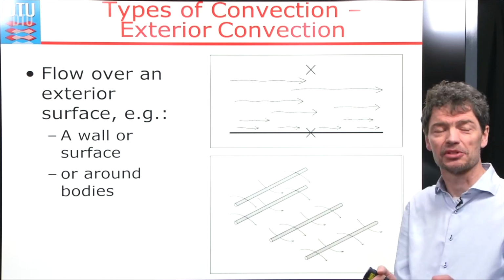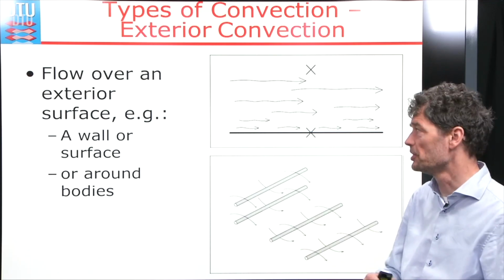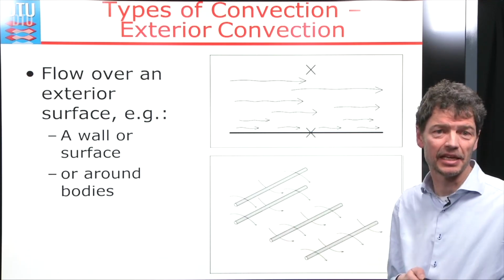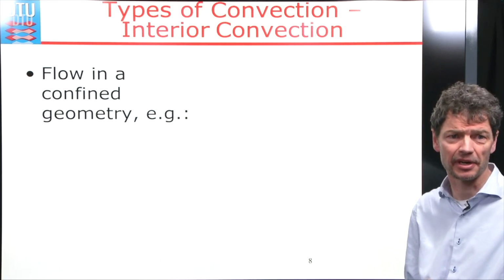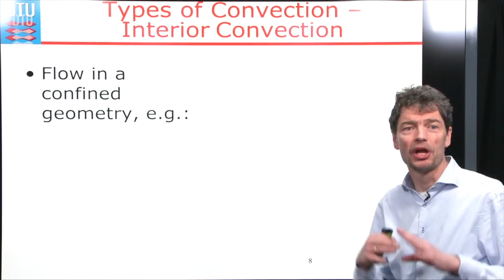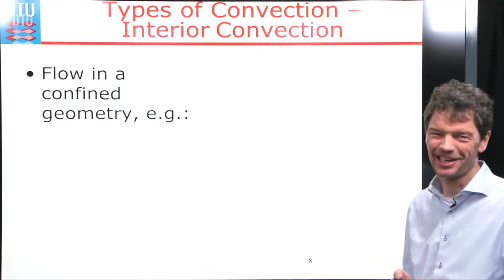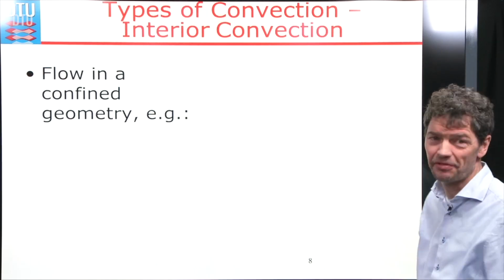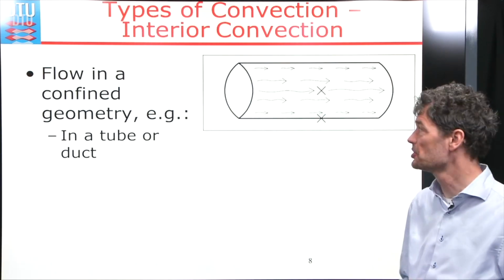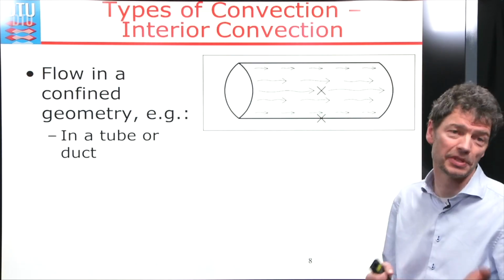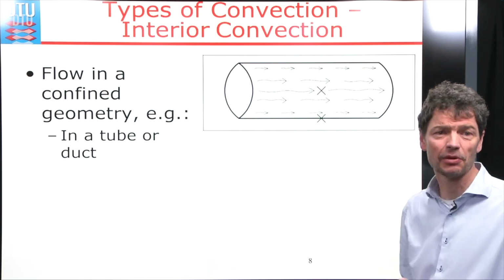That could also be exterior convection that we have in such 2 example cases that you might be able to identify. And then you could also have flow within your object, as I've indicated already, in a confined or enclosed geometry. That could be within a tube, a duct, or something like that, a channel in a way.